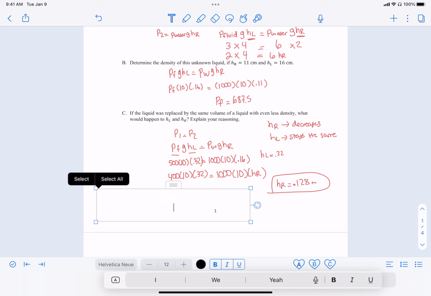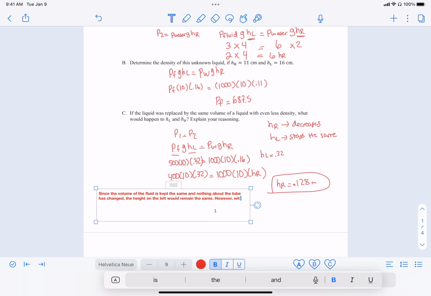So, basically, since the volume of the fluid is kept the same and nothing about the tube has changed, the height on the left remains the same.